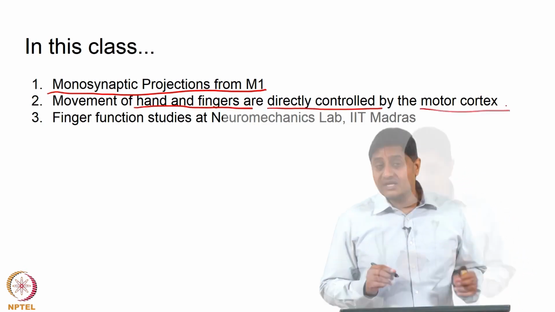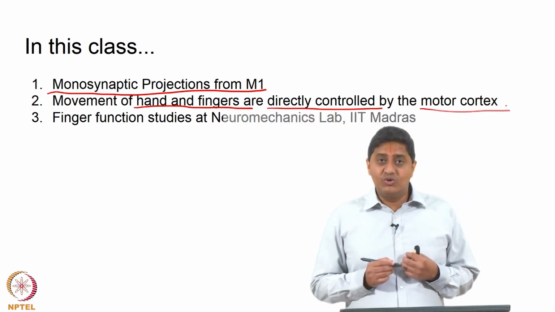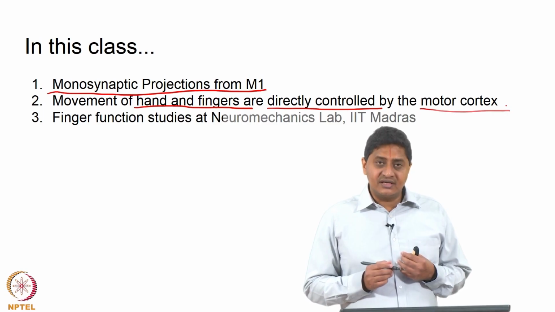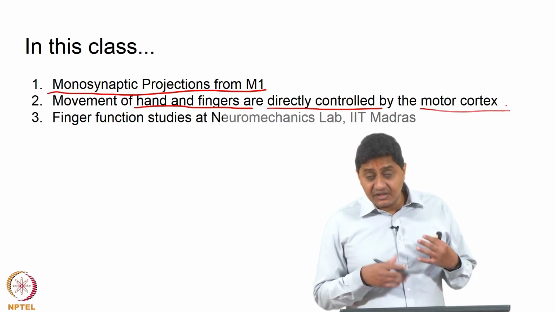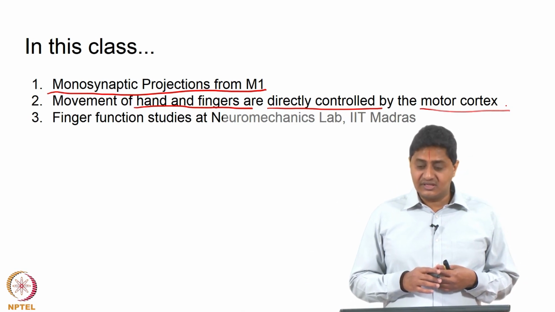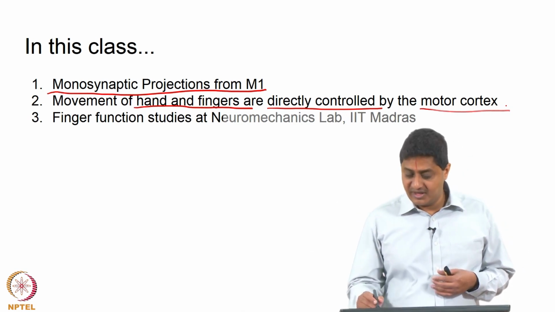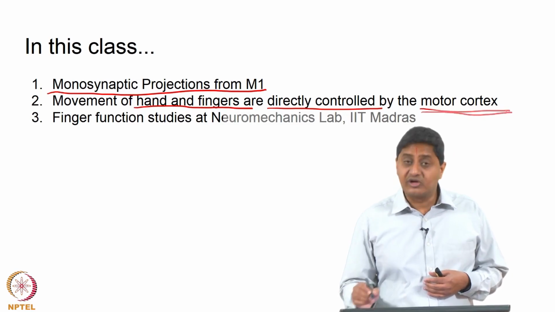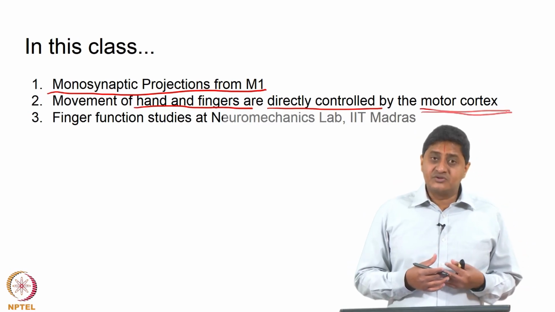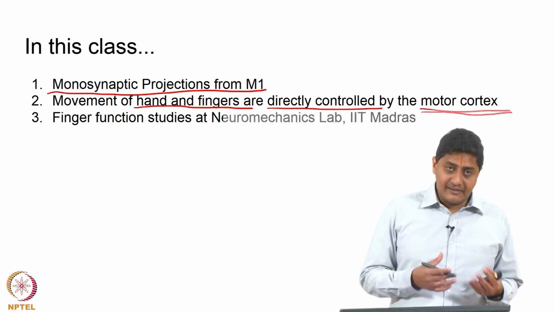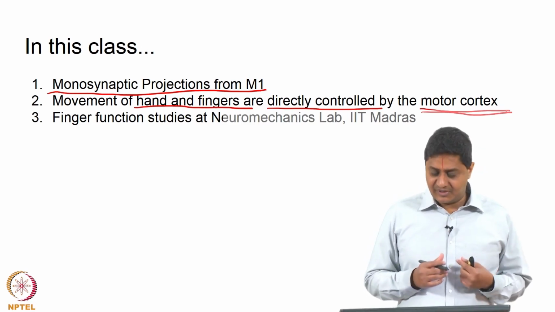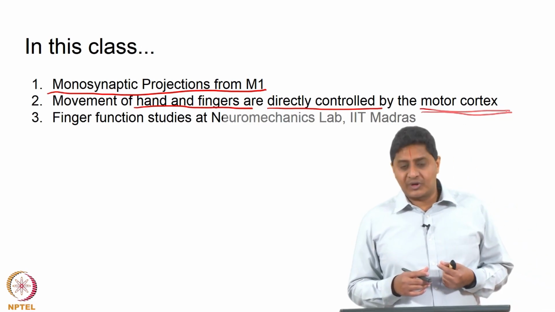That means by studying the movements of hand and fingers, you could get a clearer picture, when compared with other parts of the body, about the strategies that are employed by the movement control system. The picture is going to be more clear, or less muddled, when compared with the other or more proximal parts.